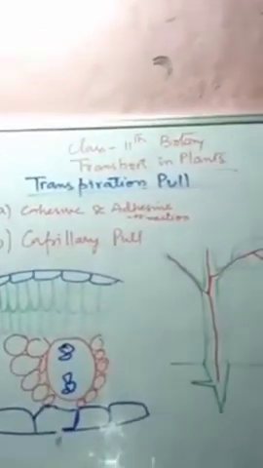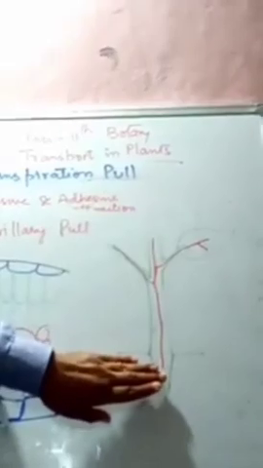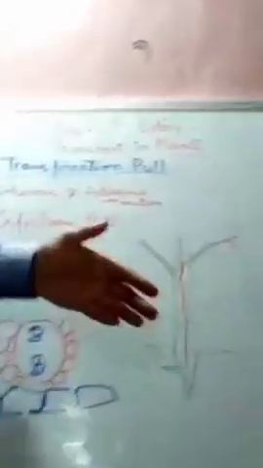Now what happens is that the water moves upwards by this cohesive force, by this capillary pull, it moves upward from these branches and reaches up to this.